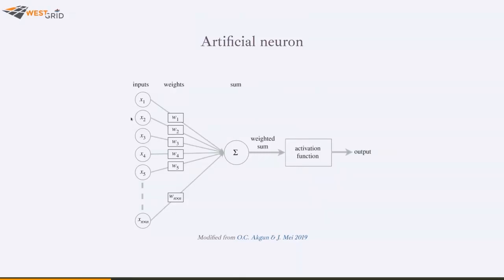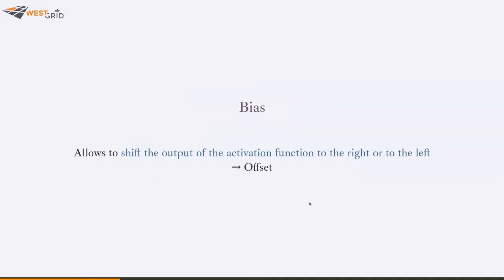Something else that gets added to the artificial neuron is what's called a bias. In addition to these inputs and their weights, you have an additional bias which can also be weighted, and that allows you to shift the output of the activation function to the right or to the left.